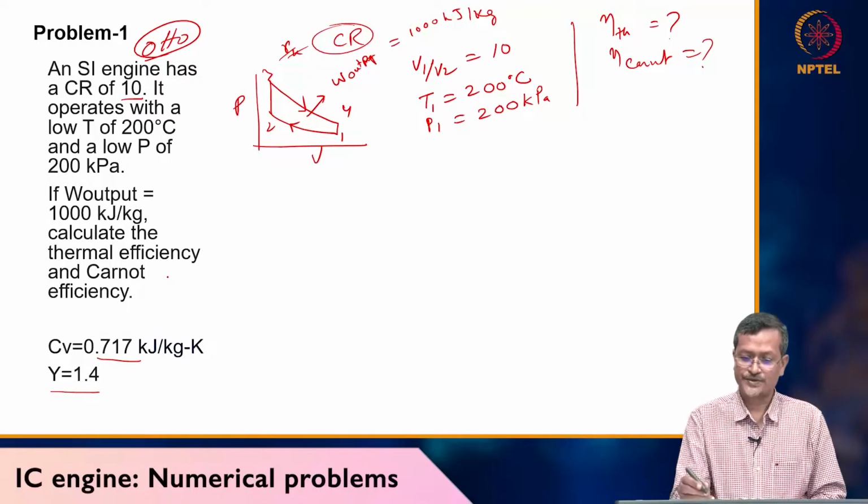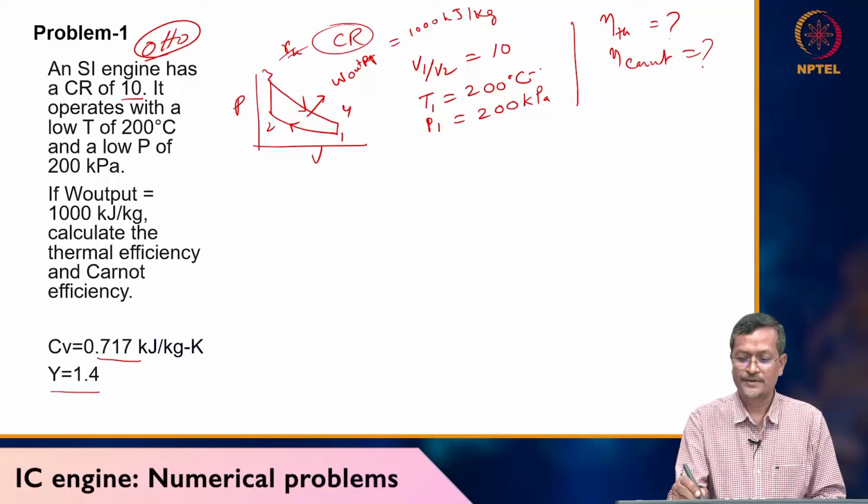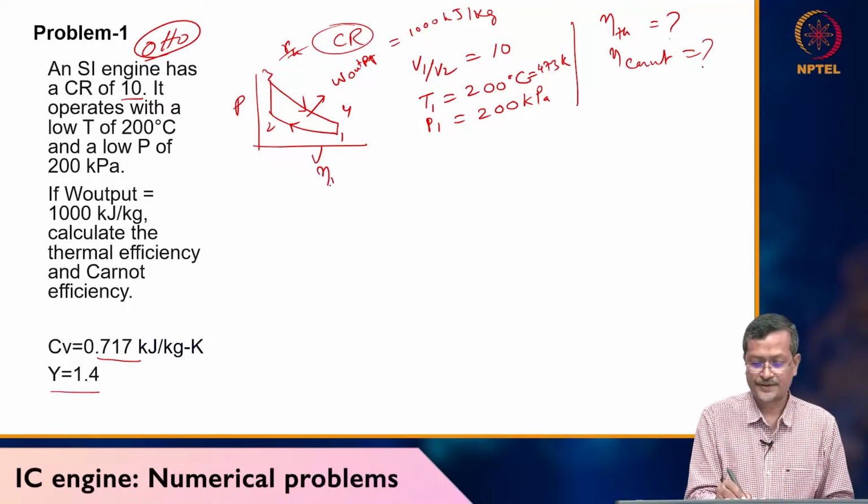First, this temperature is given in centigrade, so all calculation will be done using the Kelvin scale. T1 will then be 473 K, 200 plus 273. Now thermal efficiency, eta thermal, equals 1 minus 1 by CR to the power gamma minus 1.